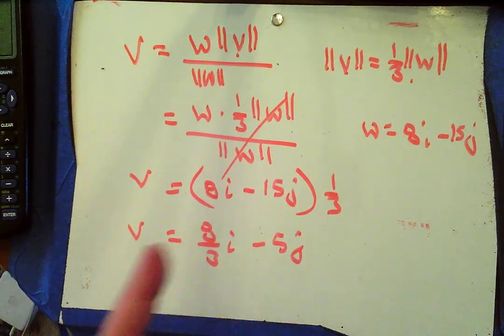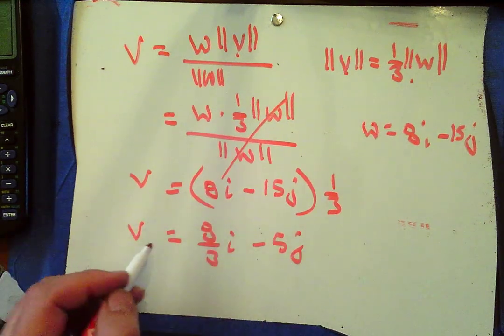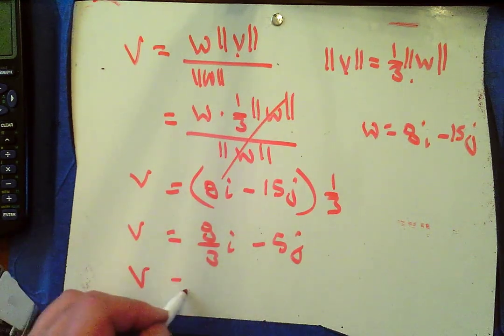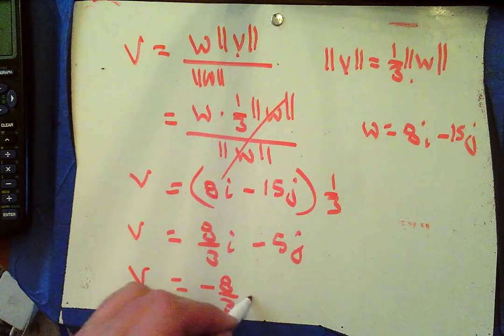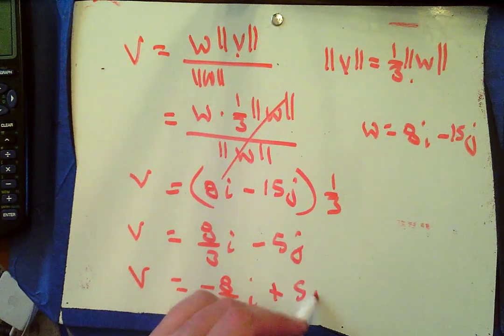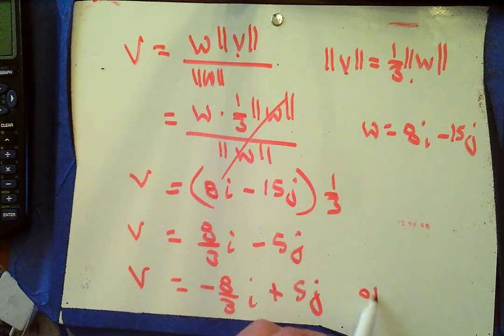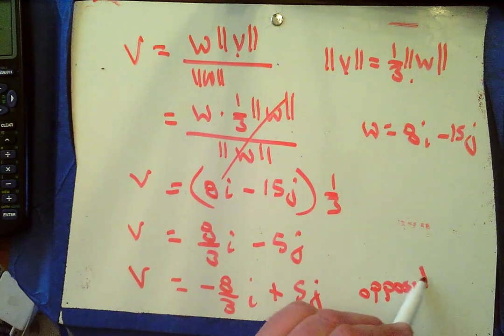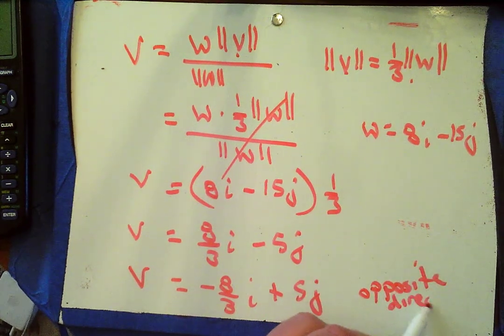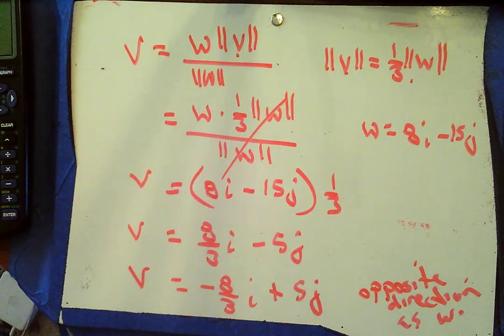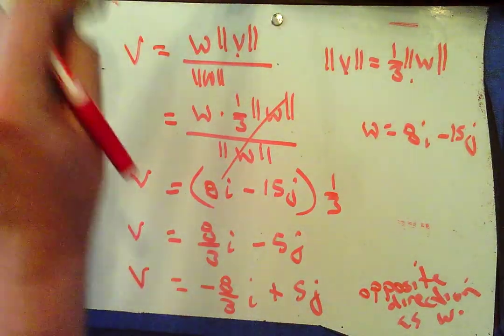But we want it in the opposite direction. Therefore, we want V to be negative 8/3 I plus 5J. This is the opposite direction as W. Okay, there's problem 19 done in 2 parts, A and B.